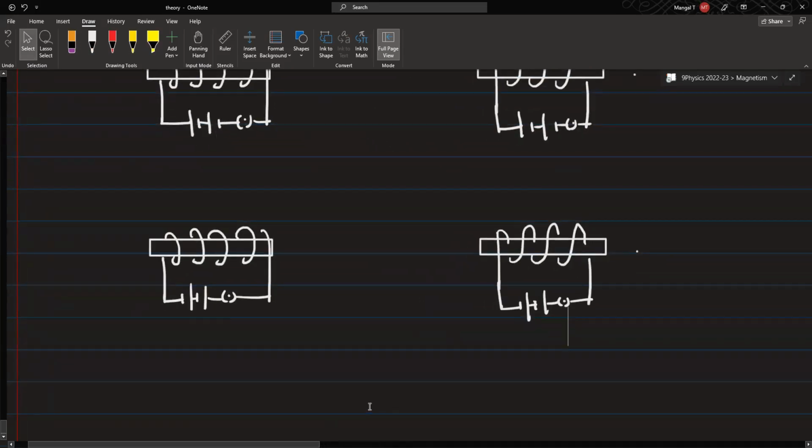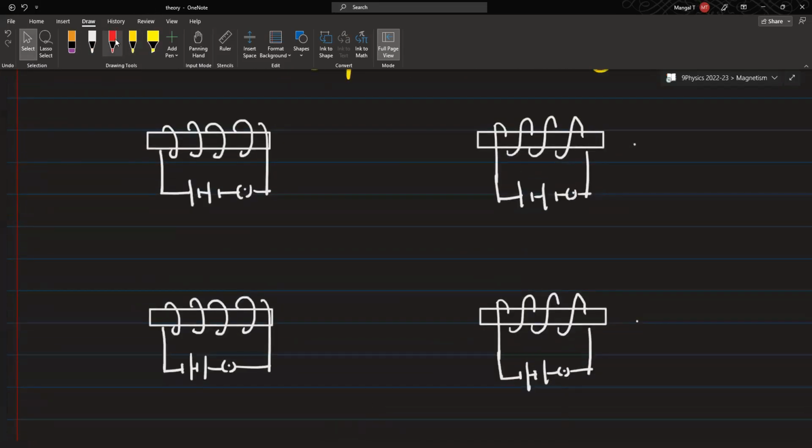We are going to understand which end will be north and which end will be south. So you have current flowing like this. Over here, the current will be flowing this way. This is something that you will need in standard 10 as well.